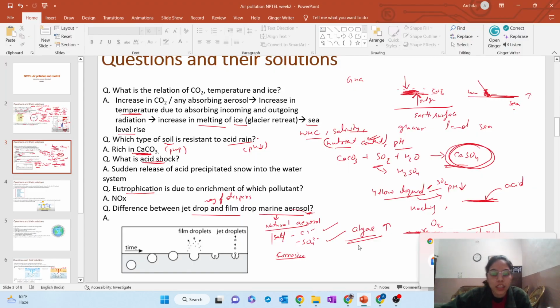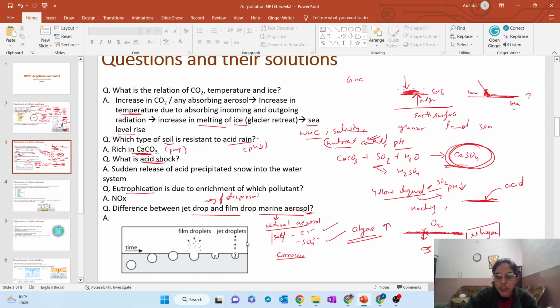Okay, so these are the ways of dispersal. They can either disperse in the form of jet drop, or they can disperse in the form of film drop, right? Now the difference between the two is the angle. Okay, so this picture shows that film drops go in all the directions. So when the aerosol bubble bursts, the chloride or sulfate particles will go in all directions.